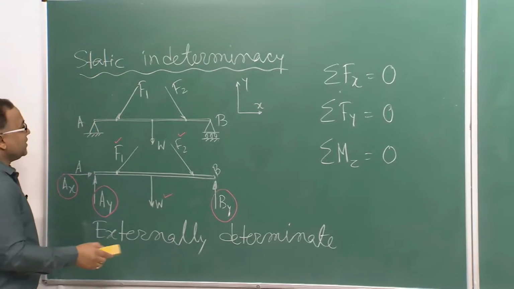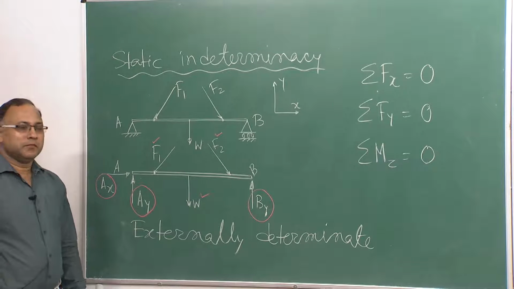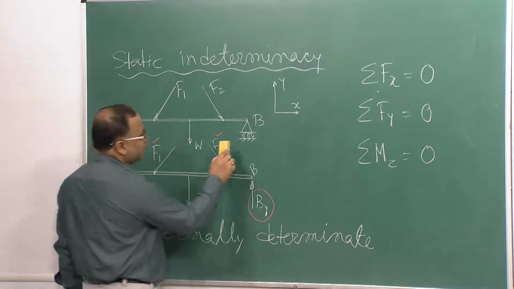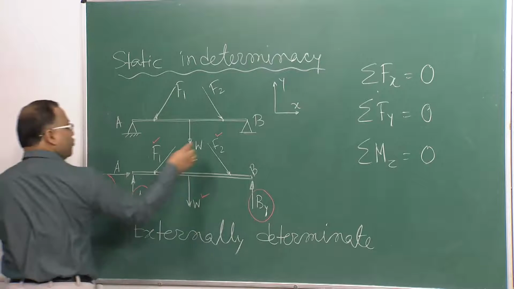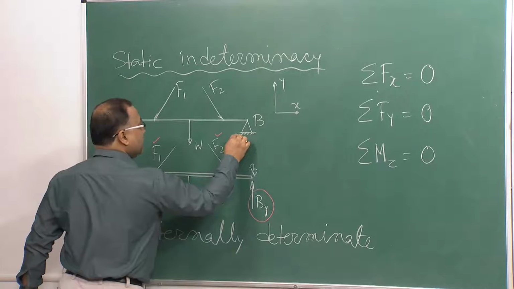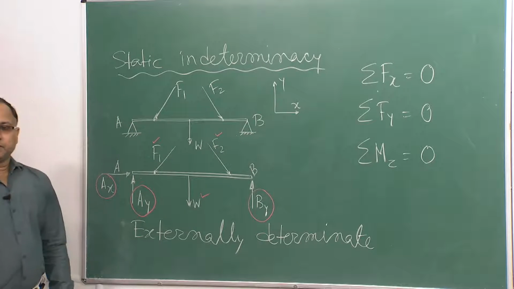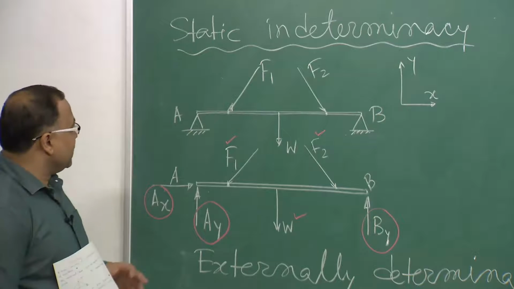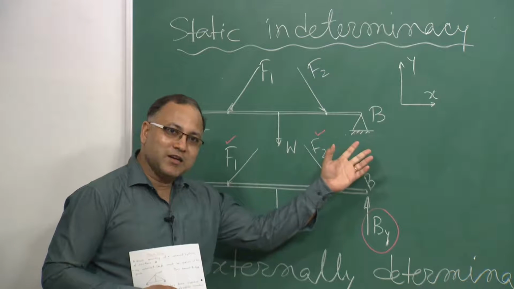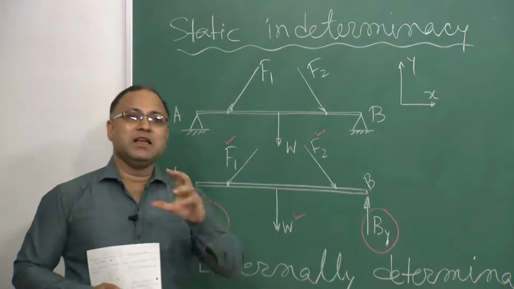Now, in the same problem, instead of the roller support, I am making this support also a hinge support. Instead of making this a roller, I am putting one hinge support.